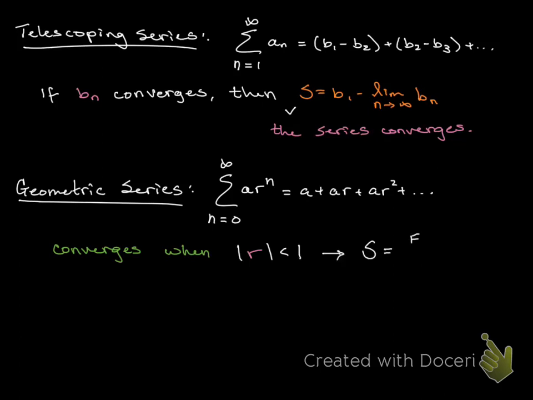Then the sum is actually the first term divided by 1 minus r, and it diverges when the common ratio is bigger than, or equal to, 1. So I'll try to recap these as we continue and learn different types of series.